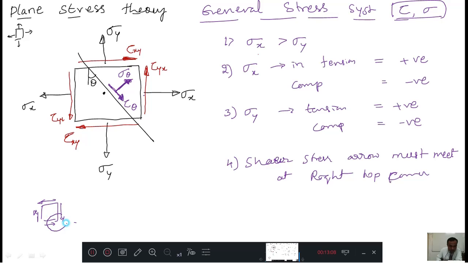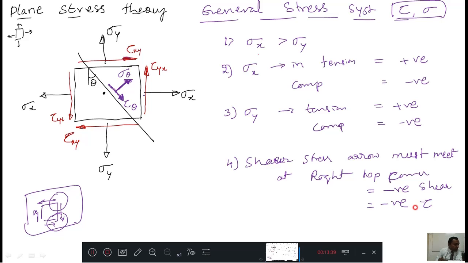Either they have to meet at this point or at this point. See here, at the right top corner, the shear stresses are meeting. If this is the case, then I will call it positive shear. If they are meeting like this, means if I have a diagram this way, then I will use negative shear values.